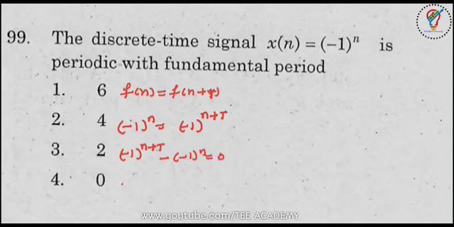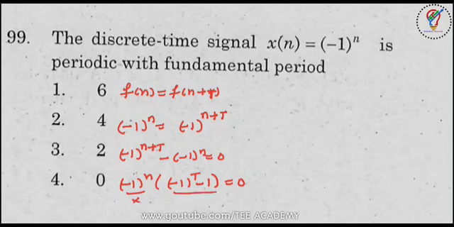Now if we take (-1)^n common, what you get is (-1)^n times ((-1)^T minus 1) is equal to 0. Of these two terms, the first never becomes 0, and the remaining term can be made equal to 0. So based on this, (-1)^T is equal to 1.